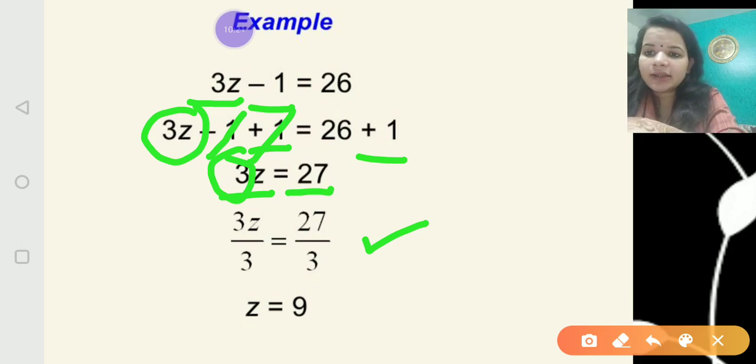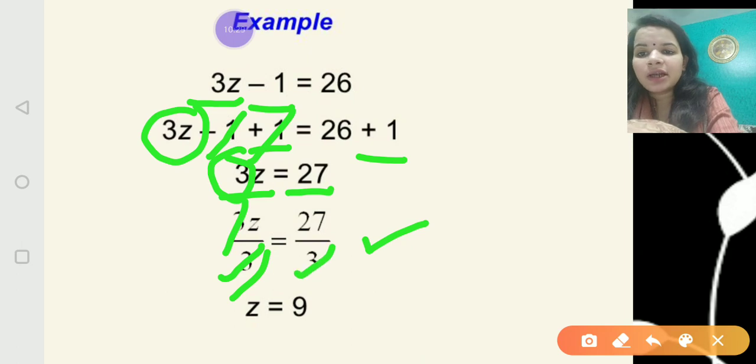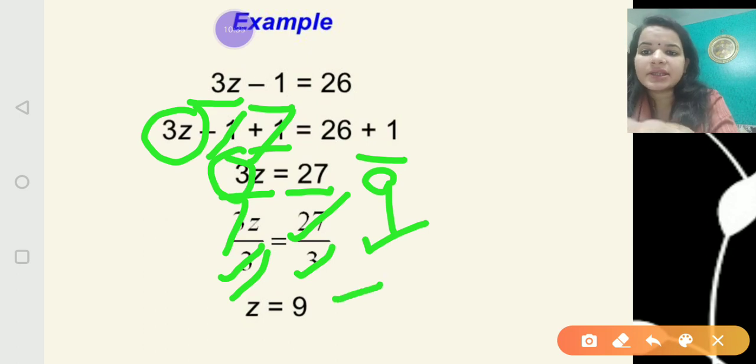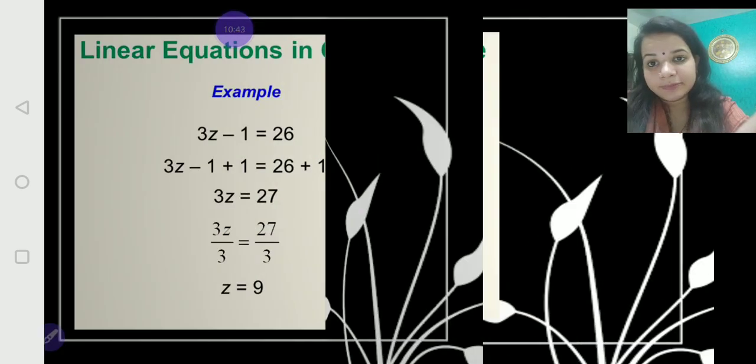On dividing, this 3 and 3 will cancel out, one time, right? 3 ones are 3. And here, 27 by 3, you will get 9. 3 9s are 27. So your answer will be z equals 9. Okay children, so in this way you have to find the value of the variable.